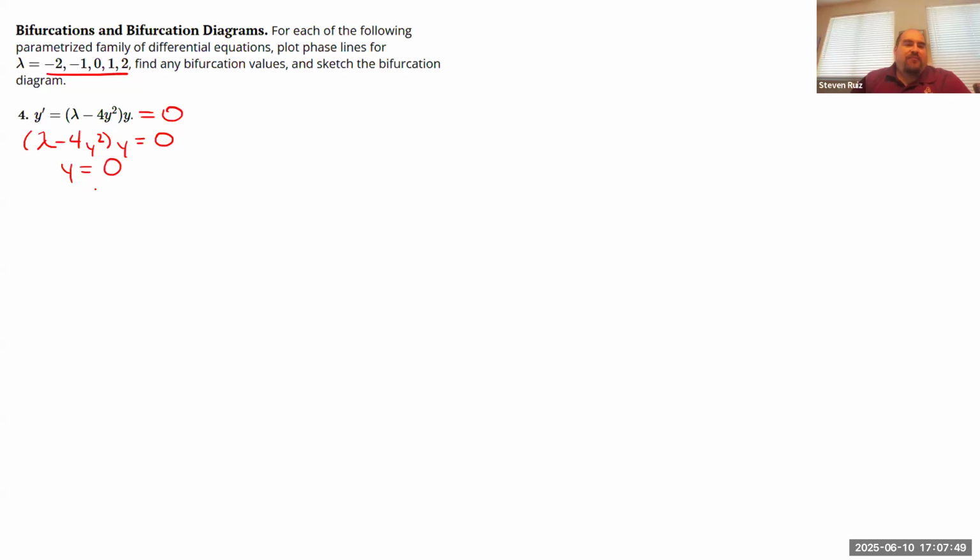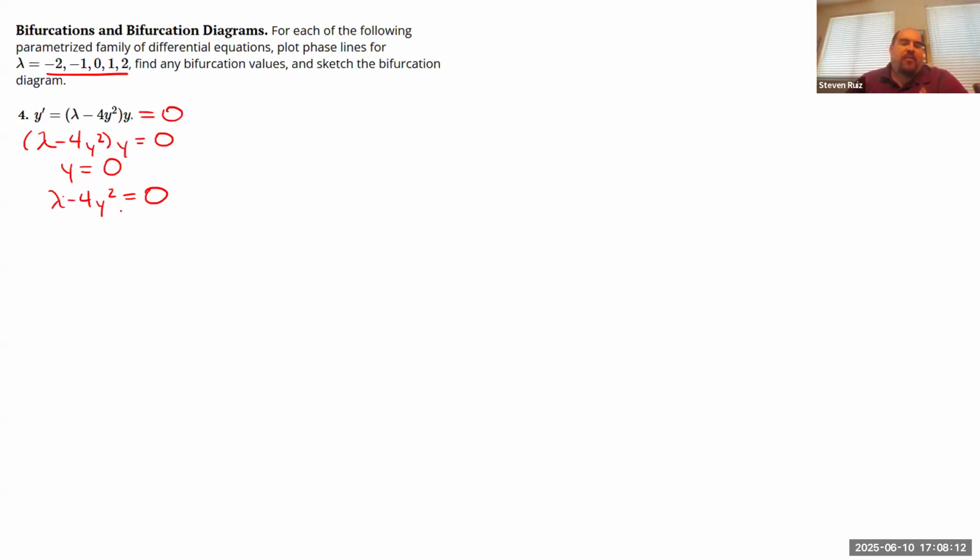One of them is y equals 0. The other one is lambda minus 4y squared is equal to 0. So I think that y equals 0 is an equilibrium condition we're going to have all the time. No matter what, we're always going to have at least one equilibrium point.